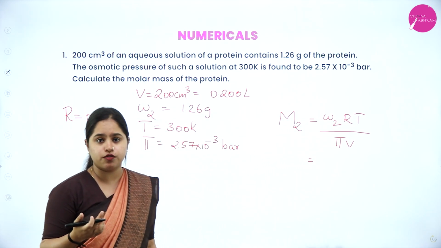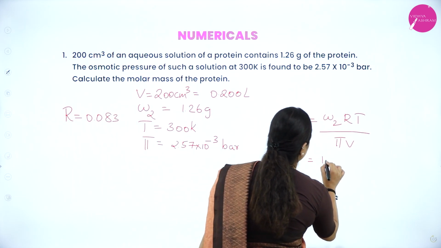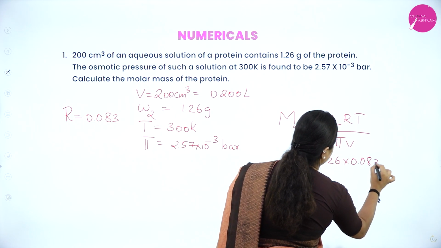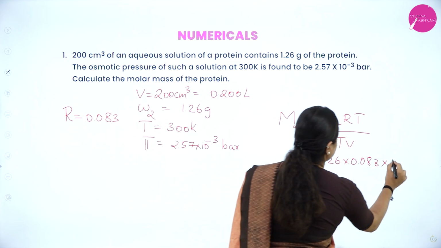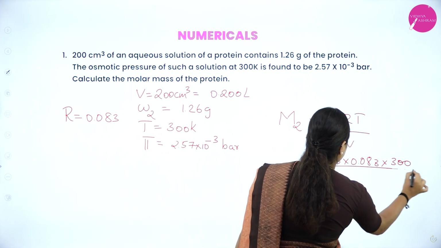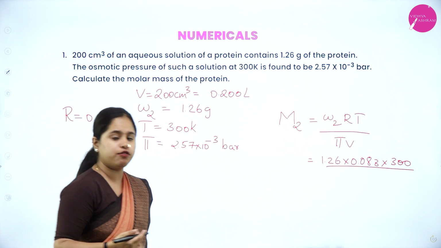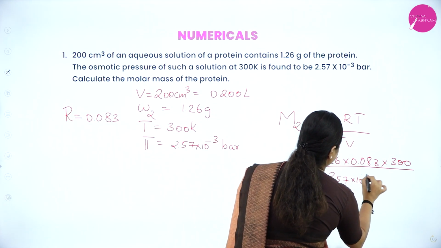W2 is the mass of the solute, 1.26 gram, into R, which is 0.083, into T. What is the temperature? It is given as 300 Kelvin. So into 300 divided by pi, that is the osmotic pressure, 2.57 into 10 to the power minus 3.